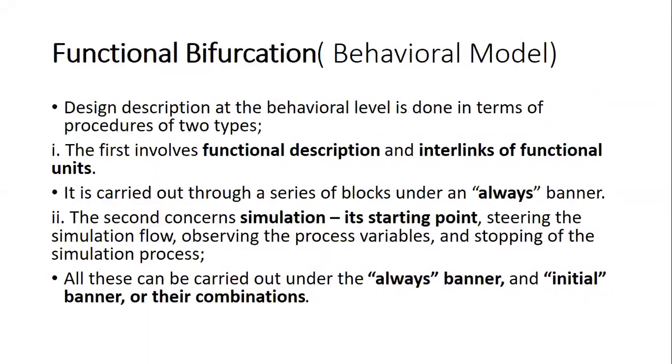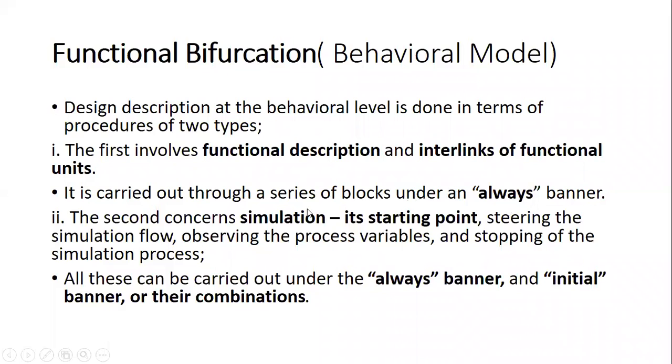So next we come to functional bifurcation with respect to the behavioral model. When we are writing programs using the behavioral model, we have to follow this functional description. Now what is being done in the behavioral model? The functional description has two categories. First involves functional description and interlinking of functional units, and that is carried out through always.